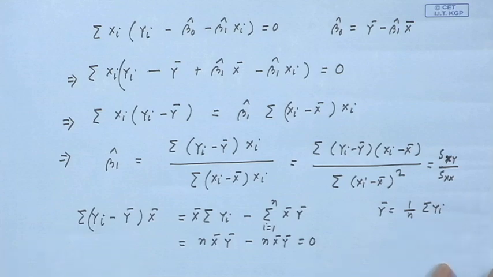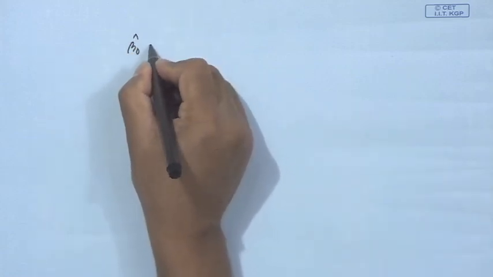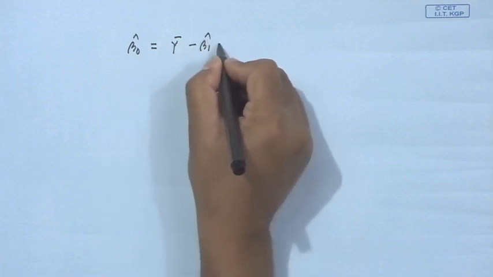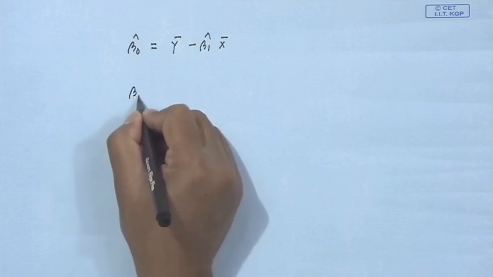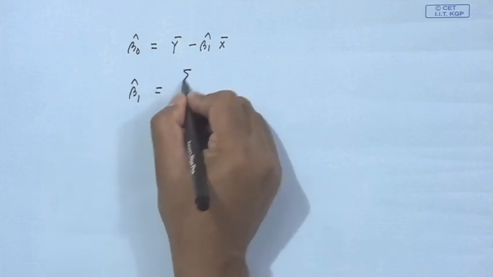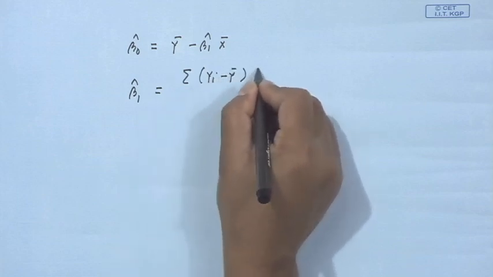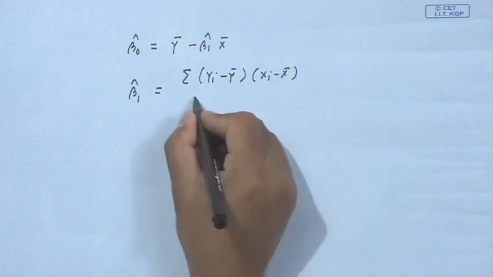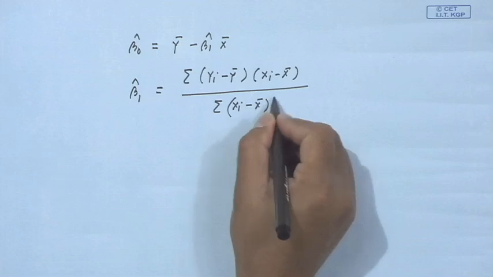Also, we will use the notation that this is equal to S x y by S x x. Okay. So, finally we got that beta naught hat is equal to y bar minus beta 1 hat x bar, and also that beta 1 hat is equal to summation y I minus y bar into x I minus x bar by summation x I minus x bar whole square.